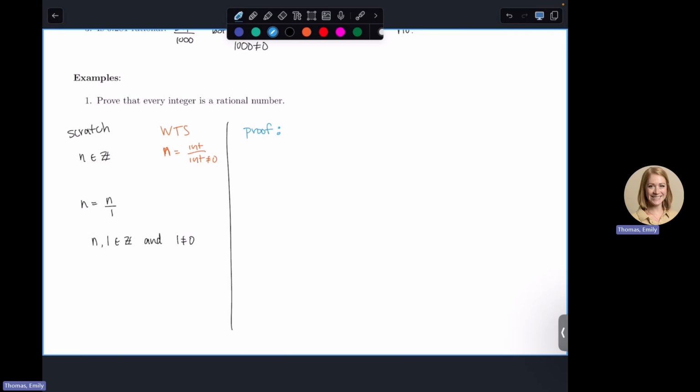Okay, so I'm going to write this proof. I'm going to let n be any integer. Notice n is the same thing as n over 1. Now, 1 and n are integers, and 1 is not equal to 0. Thus, n over 1 is rational.